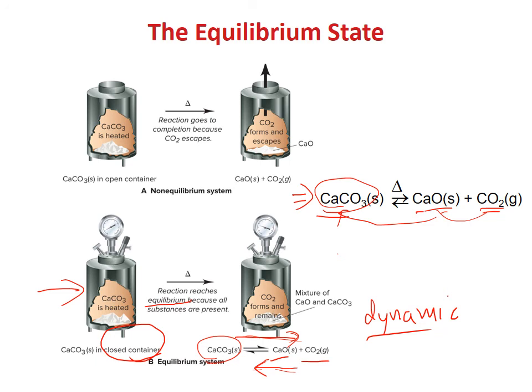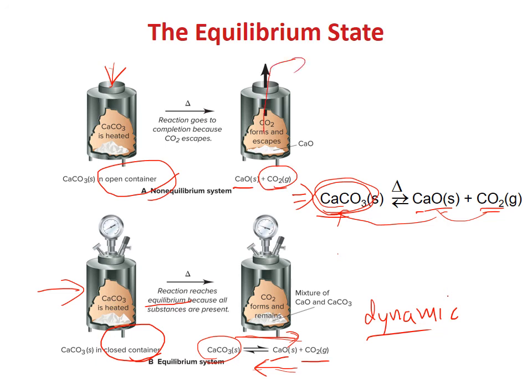Now, if we place calcium carbonate in an open container, and we heat the reactant, it will decompose into calcium oxide and carbon dioxide, but carbon dioxide is a gas, so it can escape from the container.